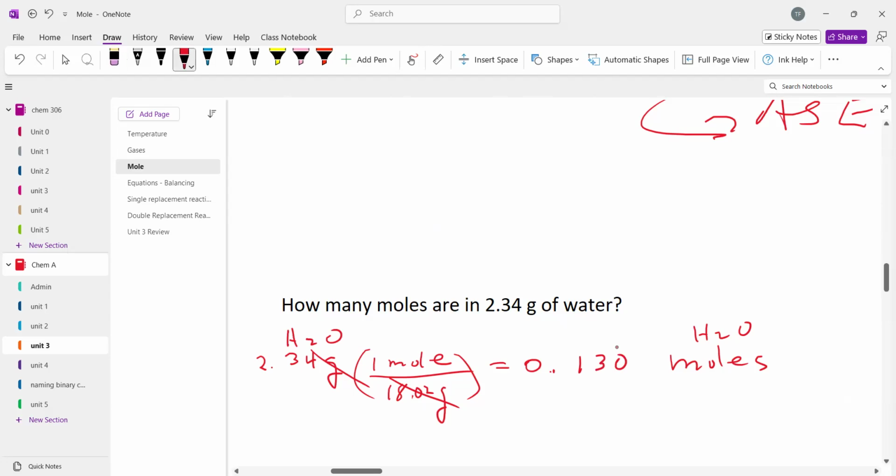So 0.130 moles of water. Now this is about as simple as you can get problem. Now we're getting into something called stoichiometry. Stoichiometry is a fancy word.